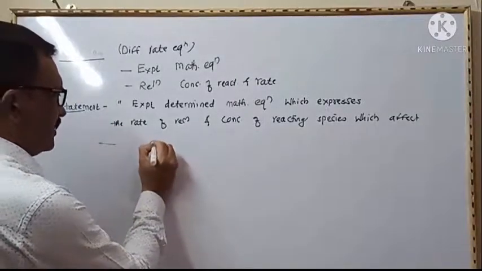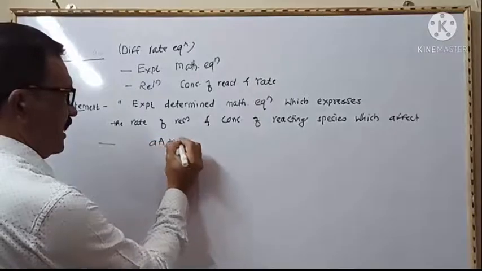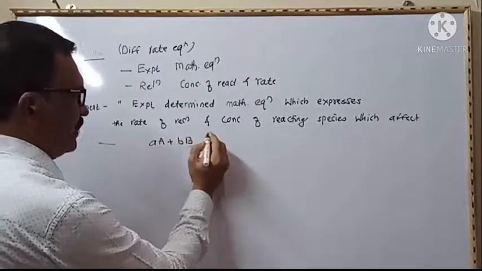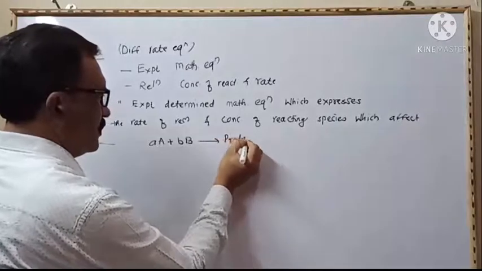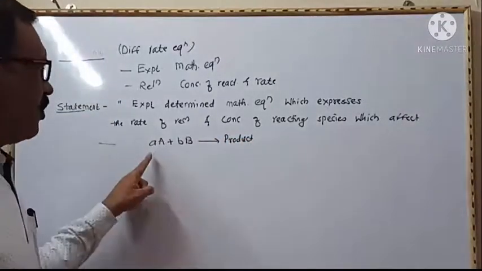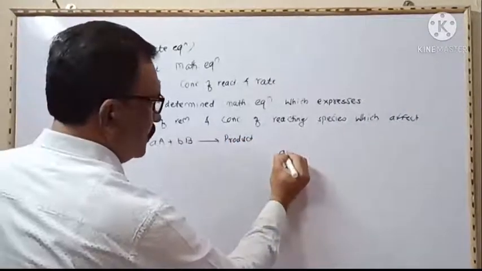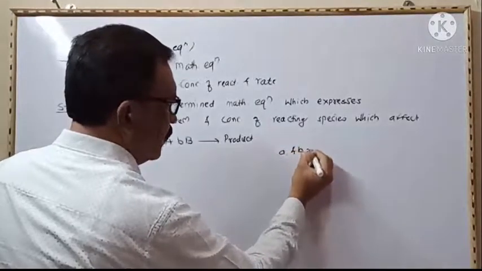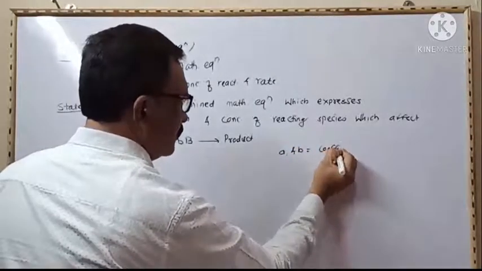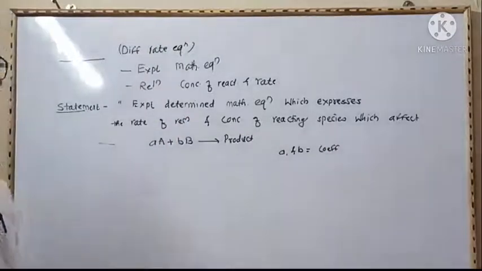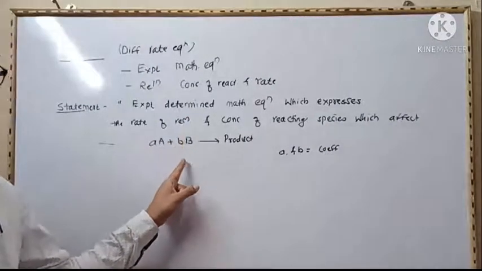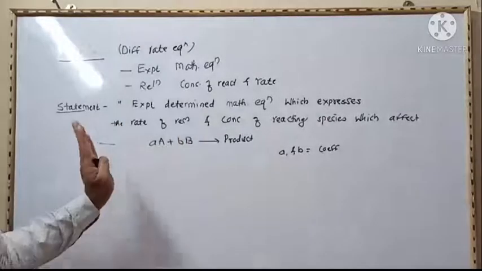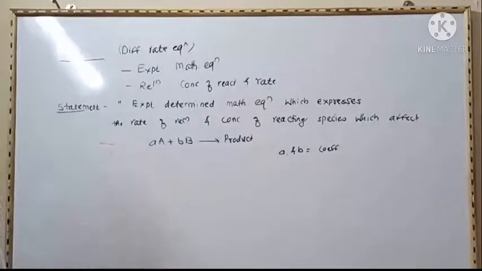General hypothetical reaction: aA plus bB gives a product. Here, small a and b are coefficients of the reacting species, while capital A and capital B are the reactants for this reaction.